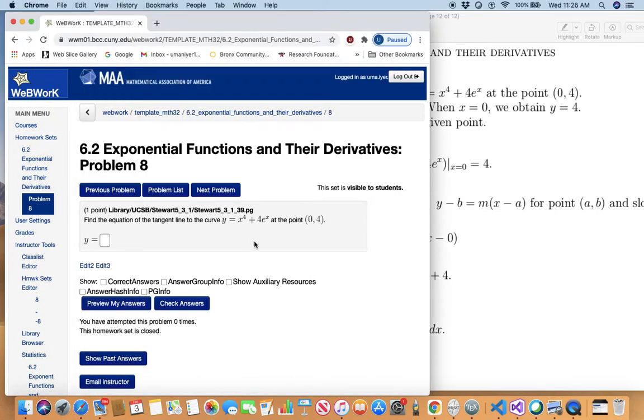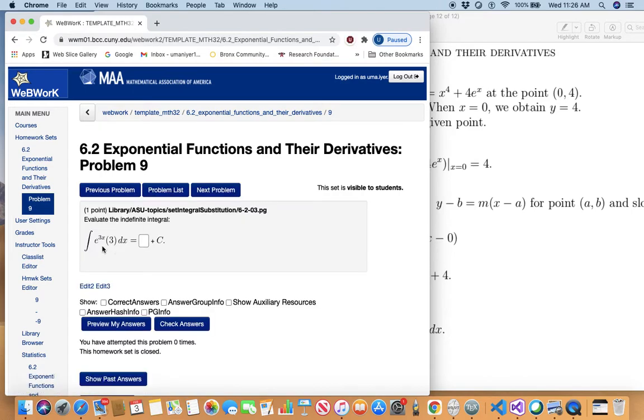That is the equation of your tangent line. Notice, once you write it in slope-intercept form, it is unique. So you have to write it as y equals something. That's what they want.